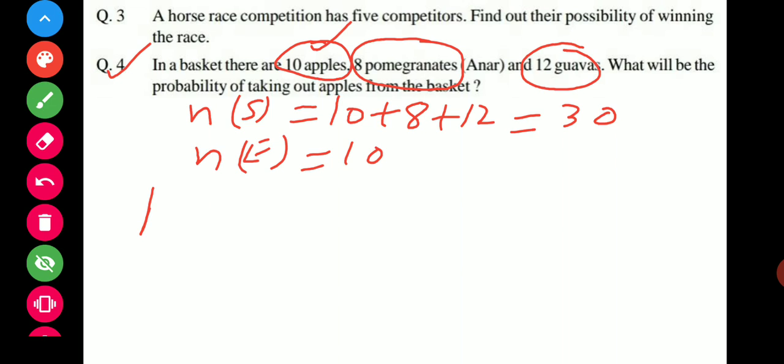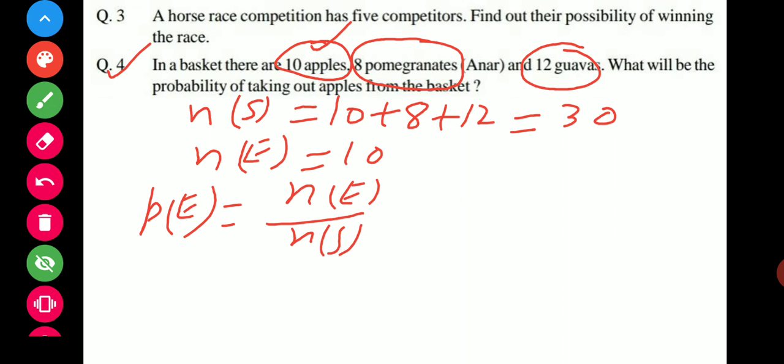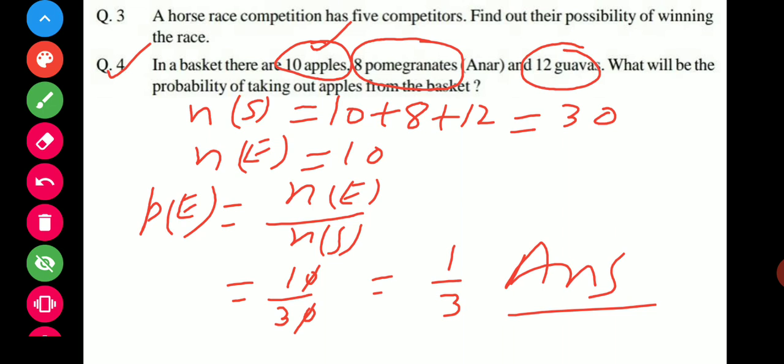So our formula of probability PE is equal to NE upon NS. NE is given as 10 and the total number is 30. 0 cancels with 0. So we get 1 upon 3 as your answer.